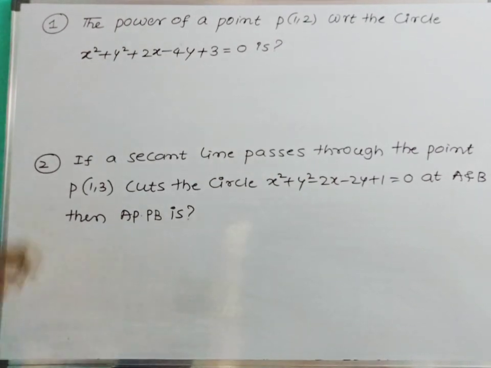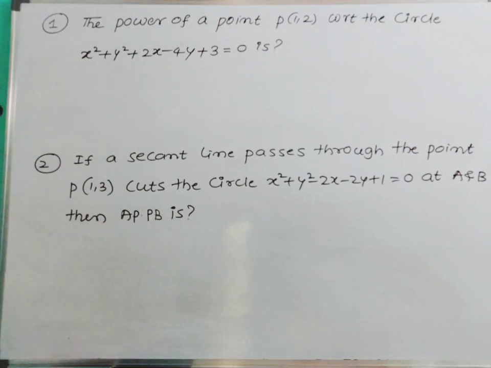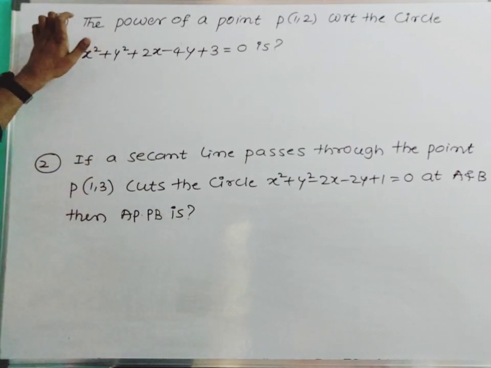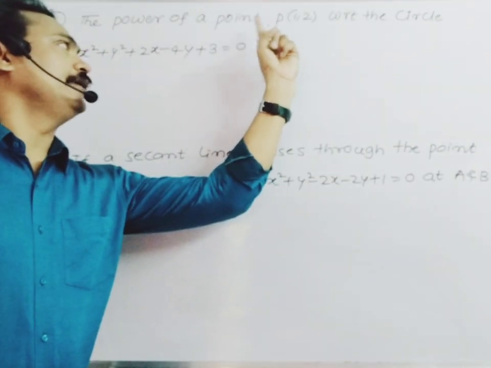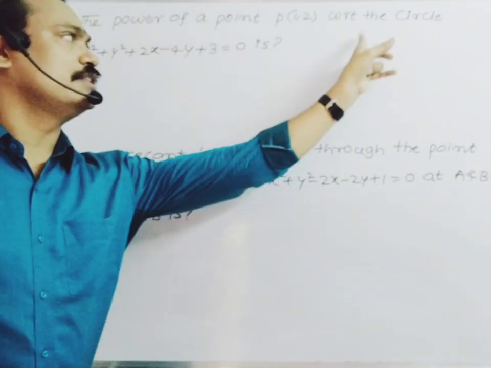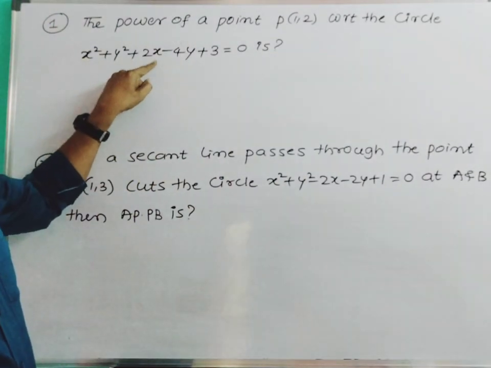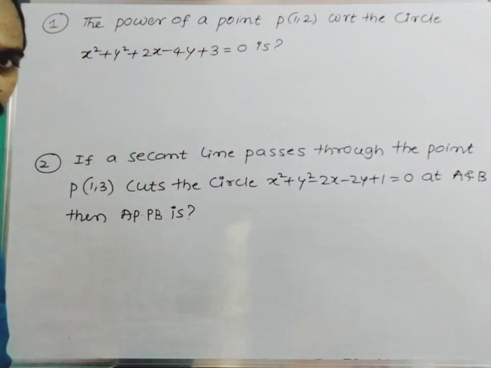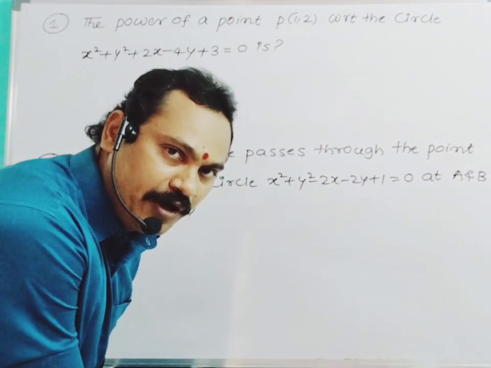Okay, let's see one example of the power of a point concept. The power of a point P of (1, 2) with respect to the circle x square plus y square plus 2x minus 4y plus 3 equals 0 is, which expression represents power of a point?